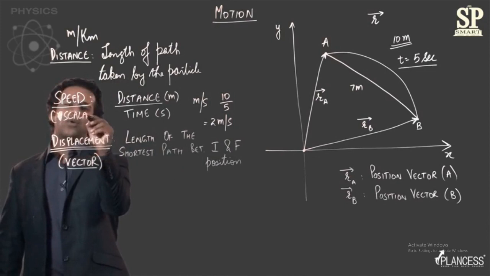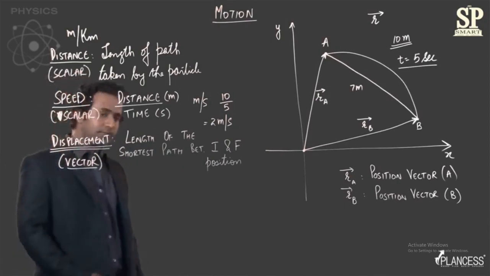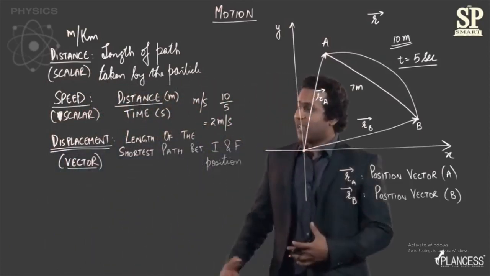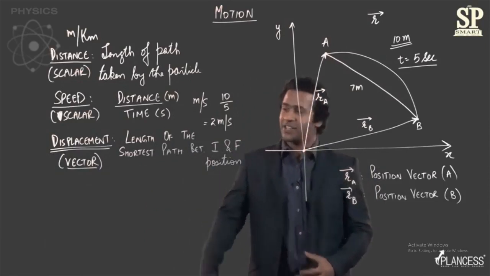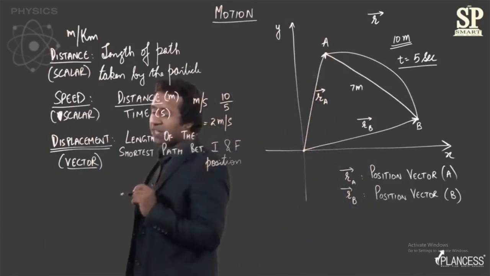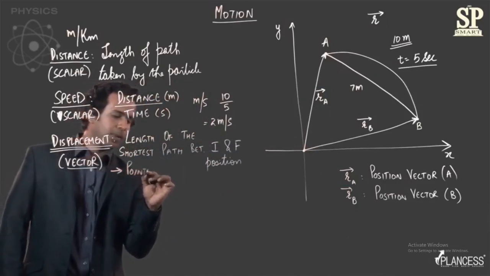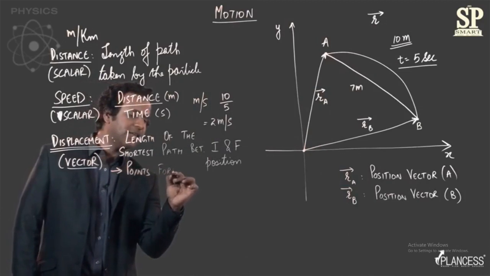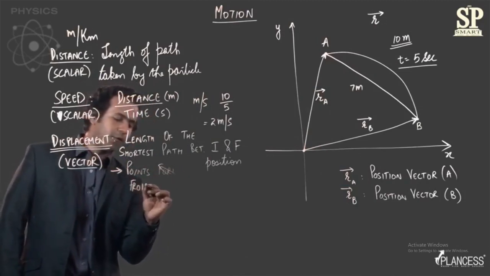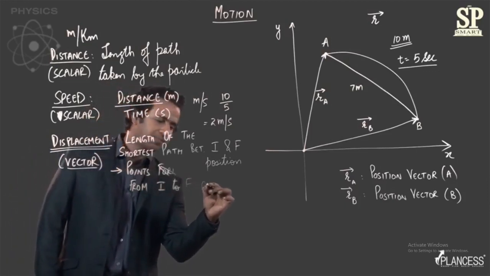So speed and distance are scalar quantities, because they do not have a direction. In case of displacement, since it is a vector quantity, it has a direction. And displacement points from initial position to final position.